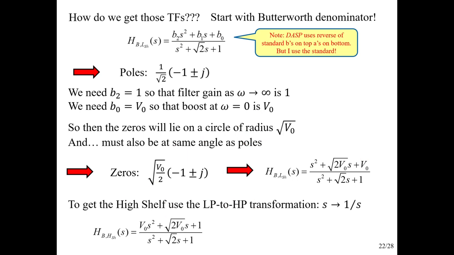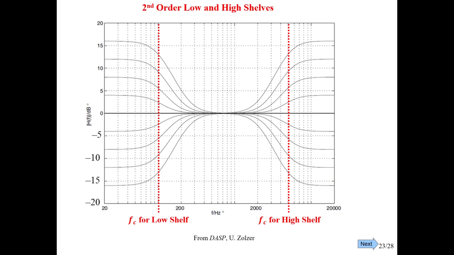So just doing this change and then doing some algebra to get polynomials in s, I end up getting this form. And so those give us the boost forms, and then same trick is needed. Flip them to get the cut versions. And so here are some plots showing that, and I guess I should have said, as should have Zölzer, and maybe he says it in the book, what the V0 values are to achieve these levels, but they're correct. Okay, so there we go.